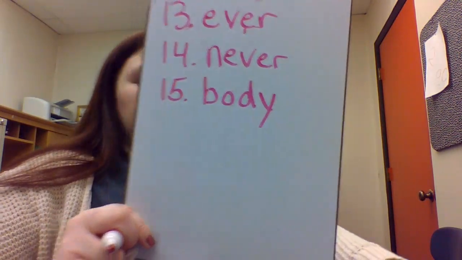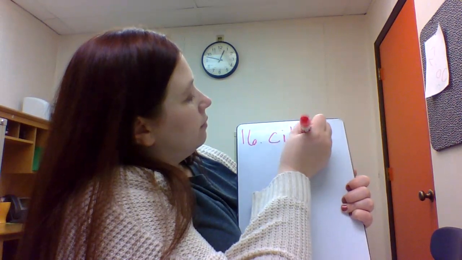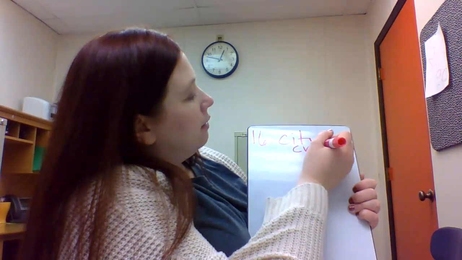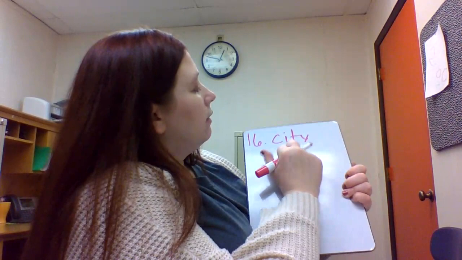On number 16, the first word we're going to code is city. So we have that vowel, consonant, whoops, I wrote the wrong thing, silly Miss White. Vowel, consonant, vowel.